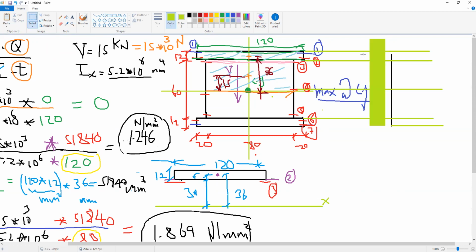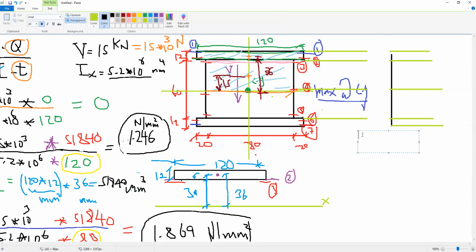I will delete this part. So here I will draw the shear stress distribution using the calculations we have done. Okay, so this is our shear stress distribution.